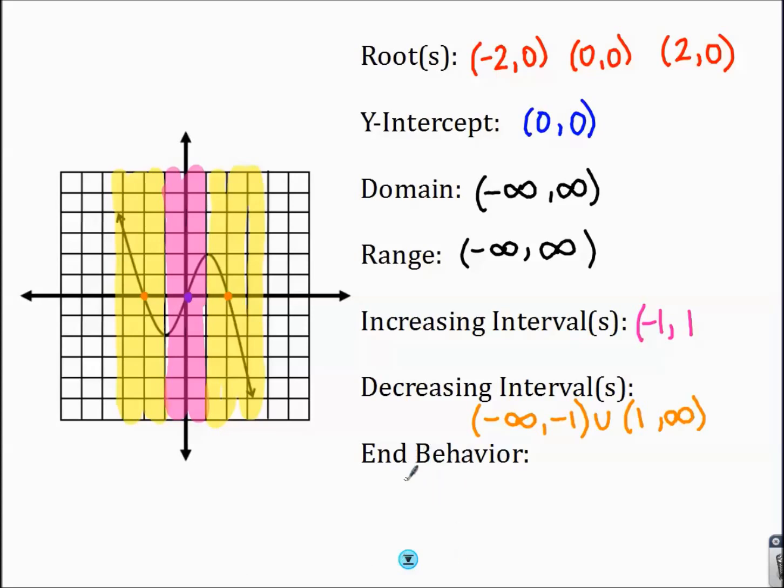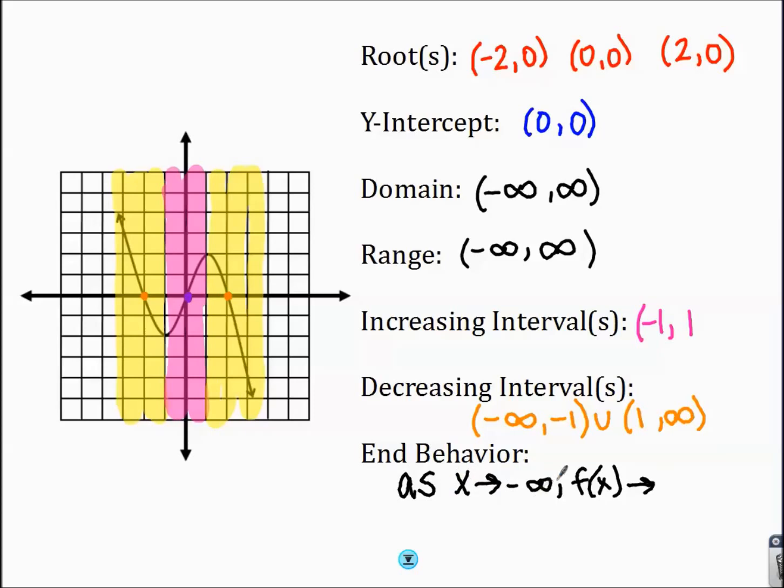Remember that end behavior is written as: as x approaches -infinity, f of x approaches, and then you have to look and see which direction the arrow is pointing to fill in the last part of the statement.